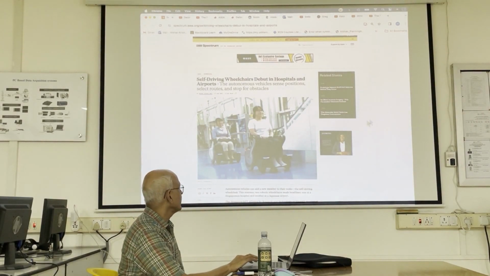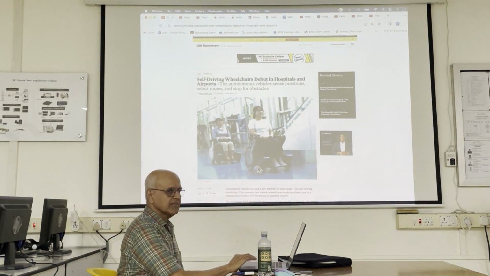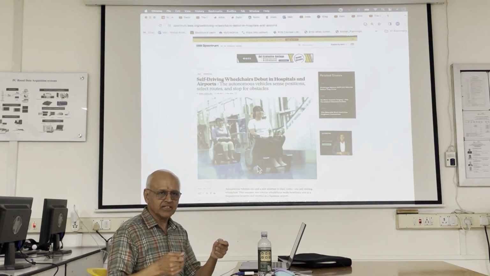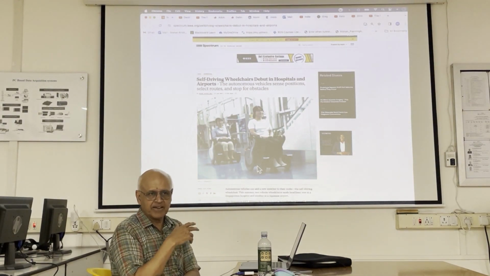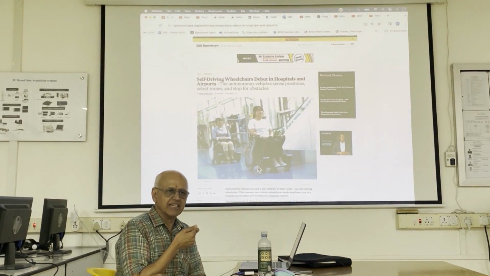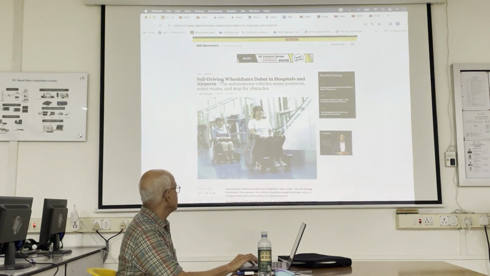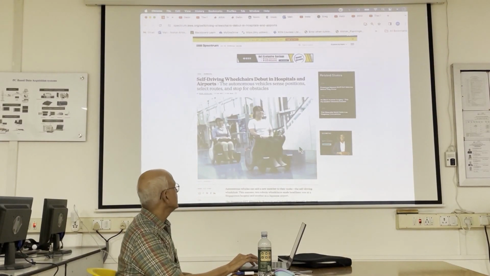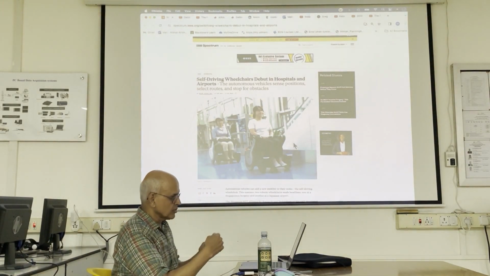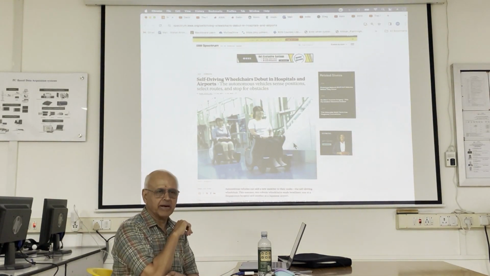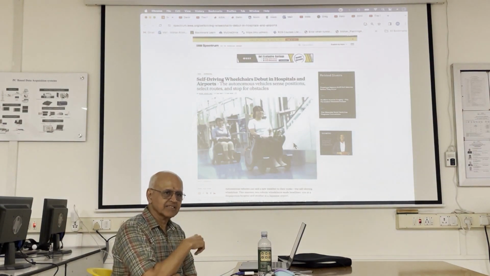So if you have elderly people, the idea is that you can't have a human being pushing the wheelchair, which they do now, but how many human beings can you have and what is the cost associated with labor? So they're coming up with this test project, autonomous wheelchairs. So apparently the idea is to scan your boarding pass and then it will take you automatically to the next gate.